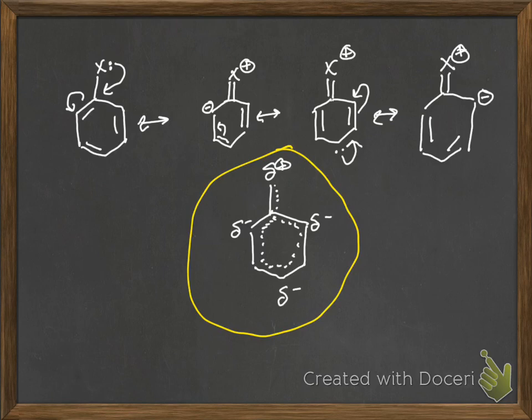Now, I'm at almost 13 minutes. This thing gives me the bum's rush at 15, so I want to leave you with this problem to work on. That's what happens if there was an electron donating group. I want you to think about what happens if there is an electron withdrawing group.